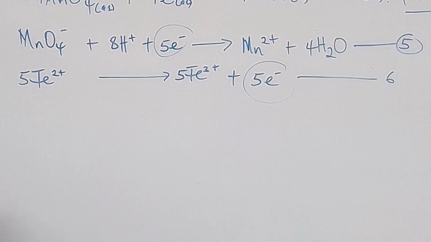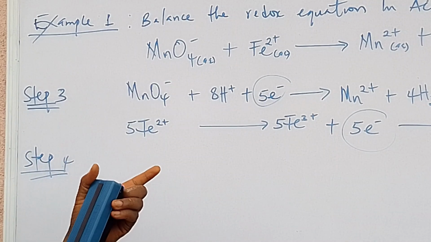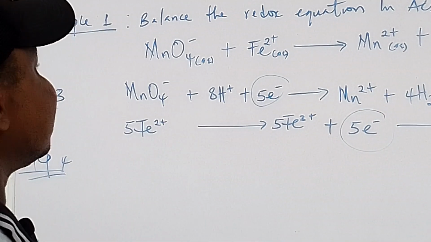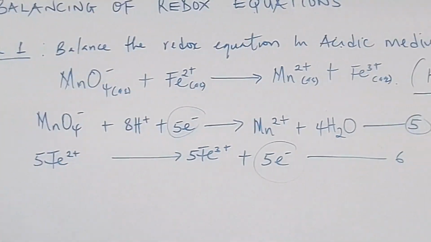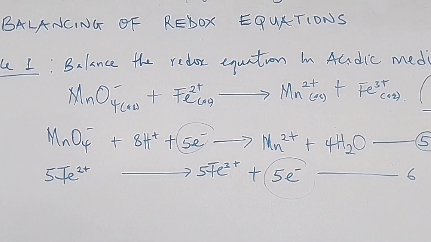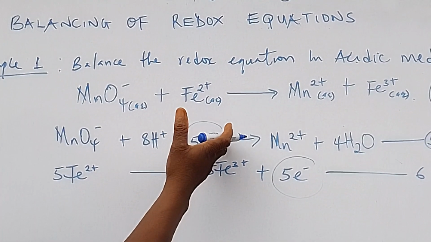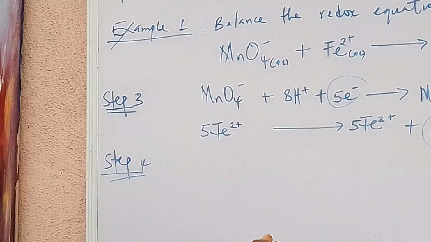In the last step, we must combine both half reactions, the reduction half reaction and the oxidation half reaction, to eliminate the electrons, 5 and 5. We combine the reactants with the reactants and the products with the products in both equations.